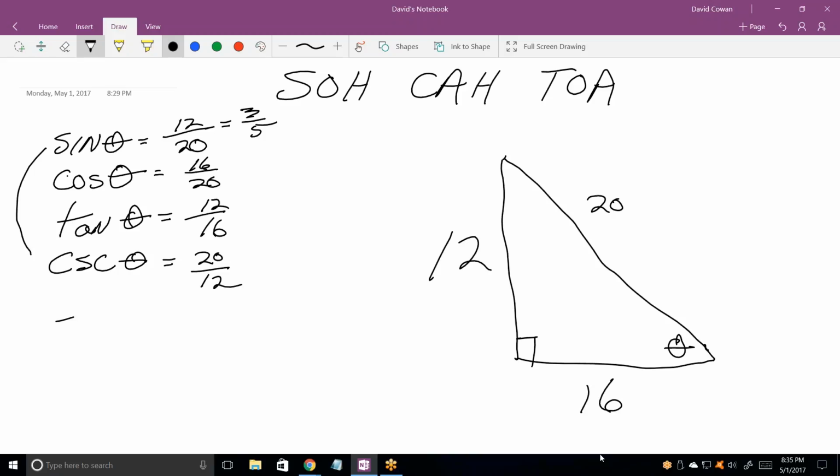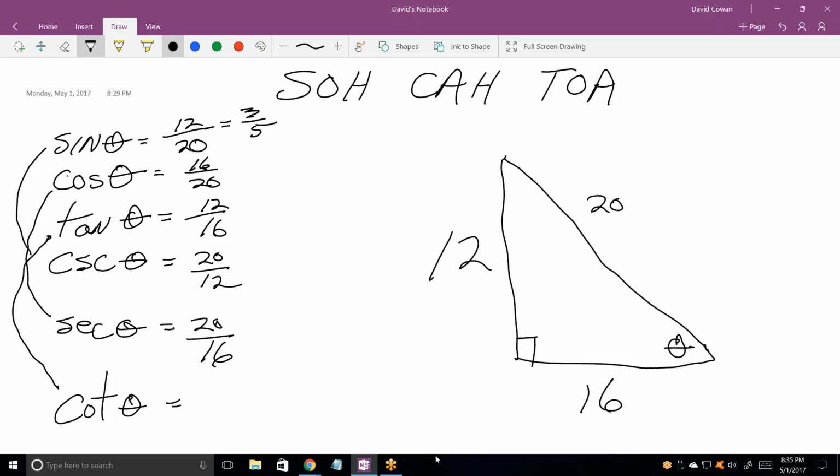Same thing with secant. Secant is the reciprocal of cosine. Those two are reciprocals. So what's secant of theta? The secant of theta is going to be 20 over 16. And even though I'm not sure it's right myself, I tend to think of these last 3 functions as being somewhat secondary.